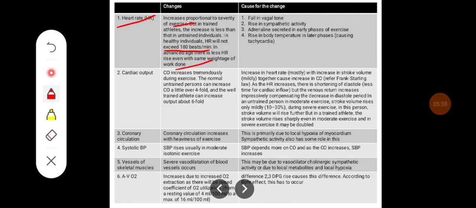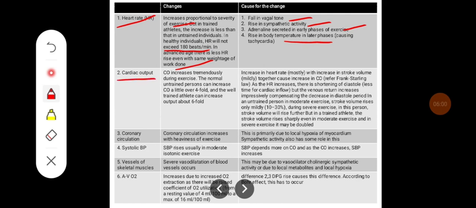These changes occur mainly because there is a fall in the vagal tone and a rise in the sympathetic activity, the adrenaline secreted in the early phase of exercise, and rise in the body temperature in later phases, which mainly leads to tachycardia.